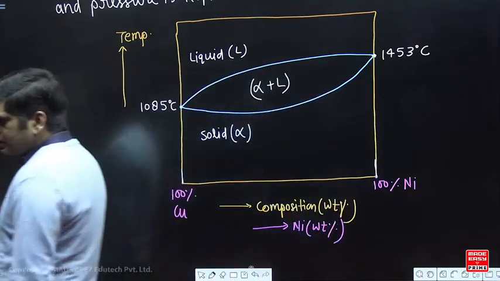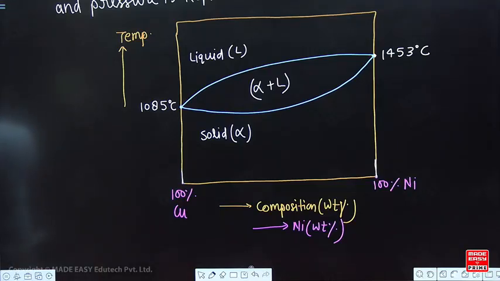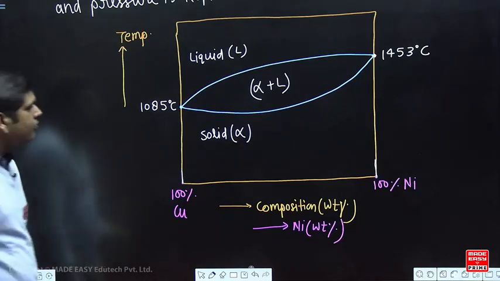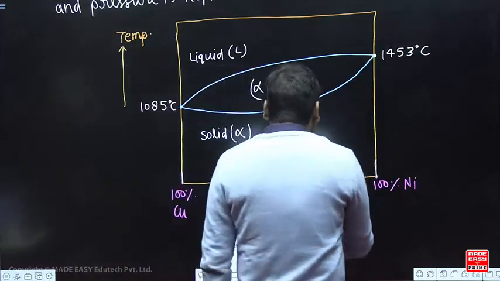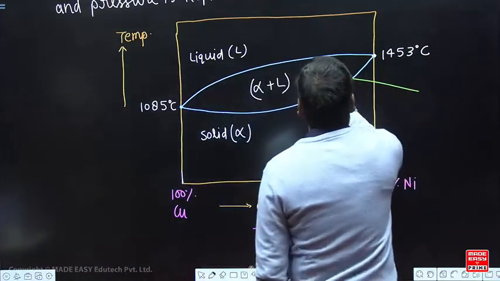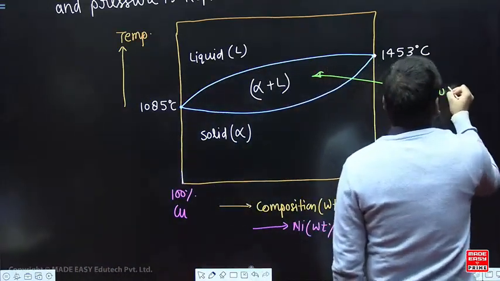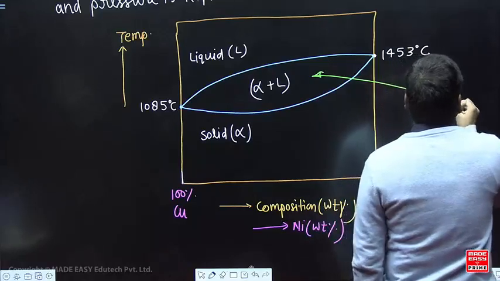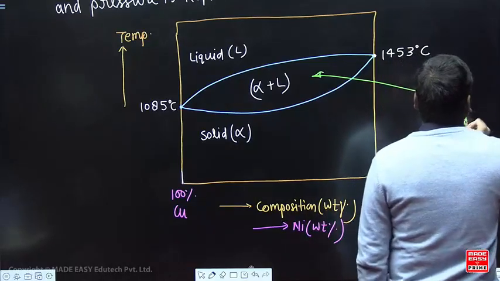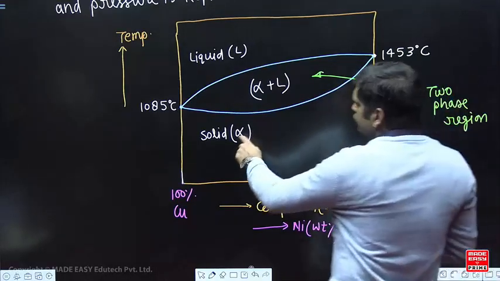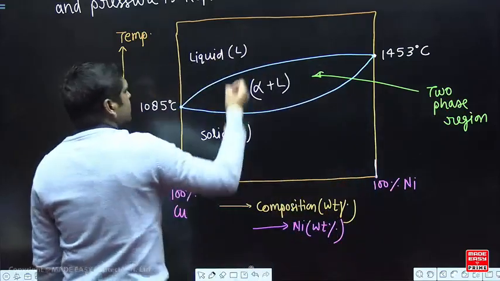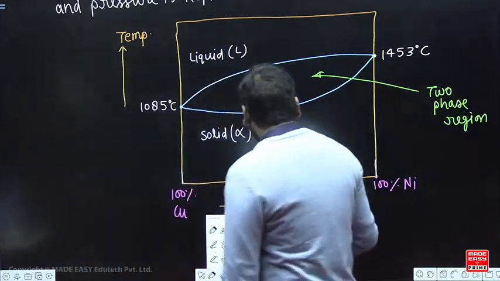So basically this region, this alpha plus L, it is two phase region. Whereas this solid is single phase region and this liquid is single phase region.